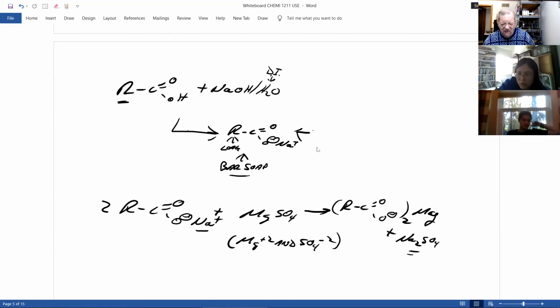This is soluble in water. Now, depending on R, that will affect the solubility of that new, this is called also a carboxylate salt.